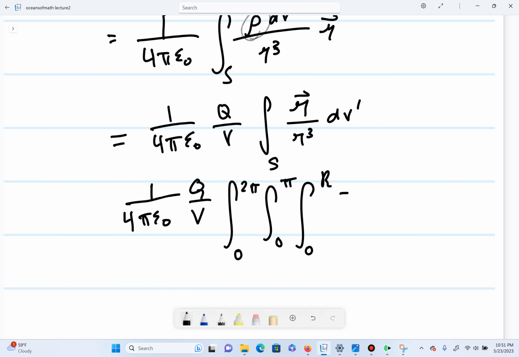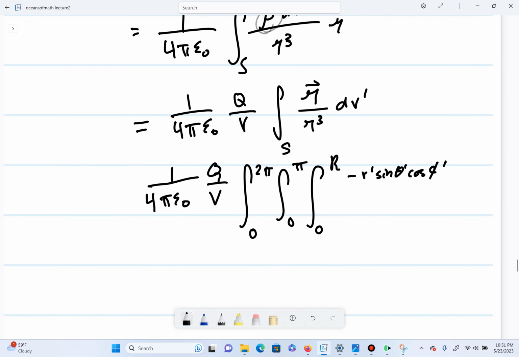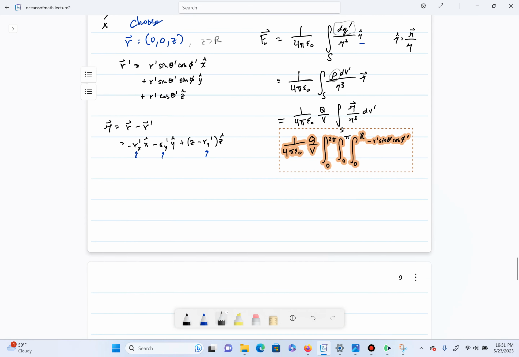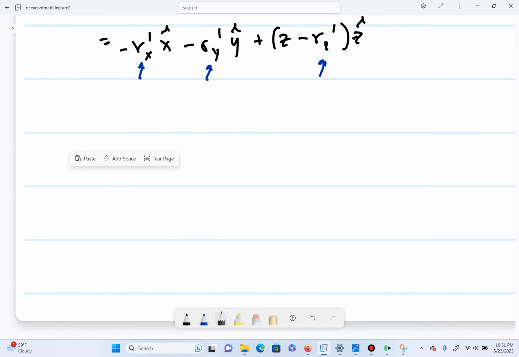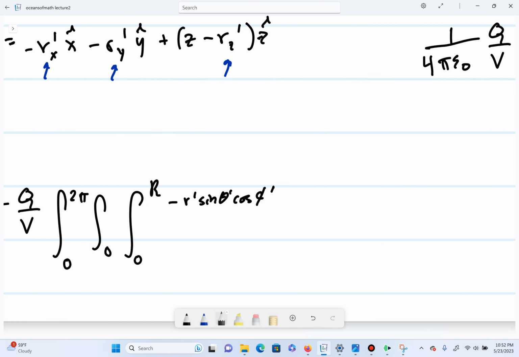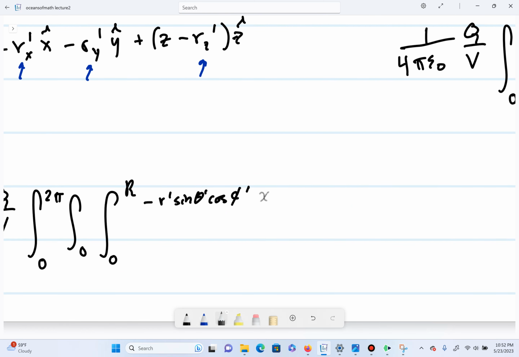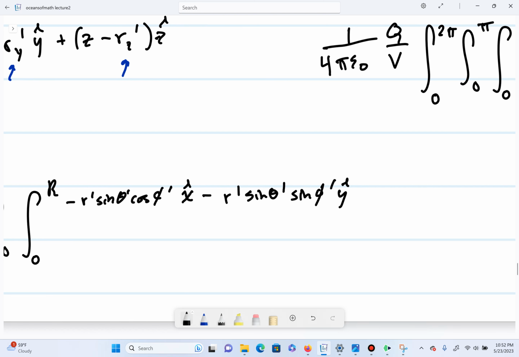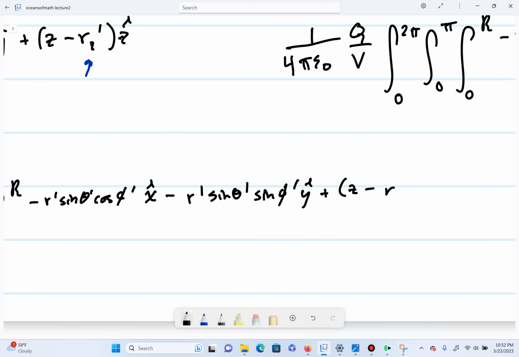So we have negative r prime sine theta prime cosine phi prime x hat, minus r prime sine theta prime sine phi prime y hat, plus z minus r prime cosine theta prime z hat.